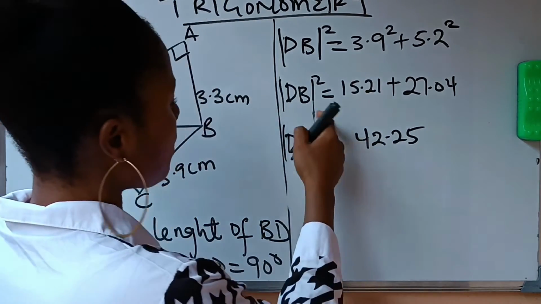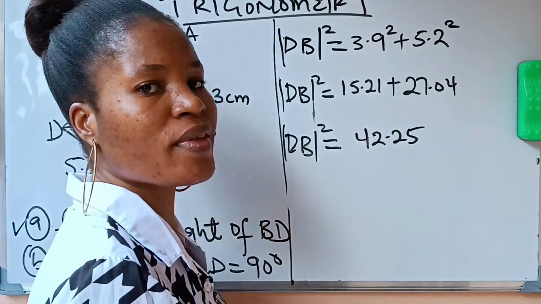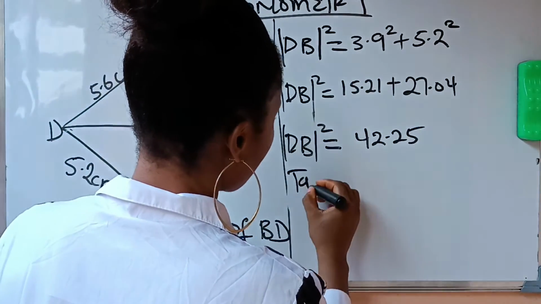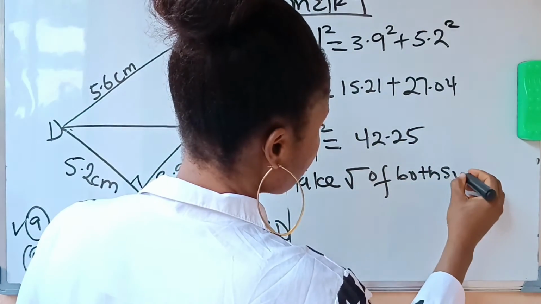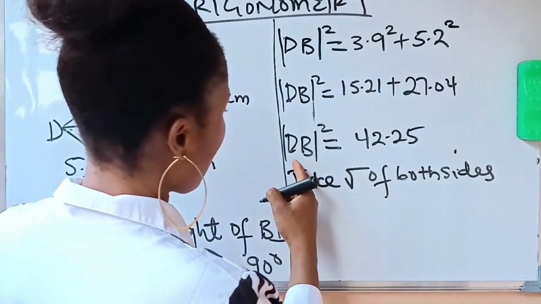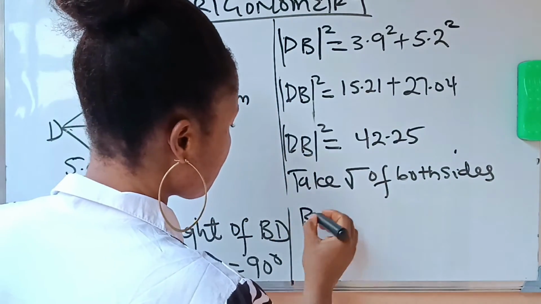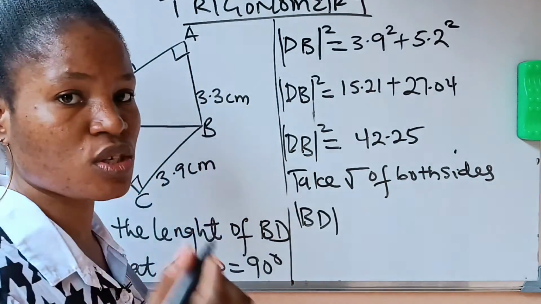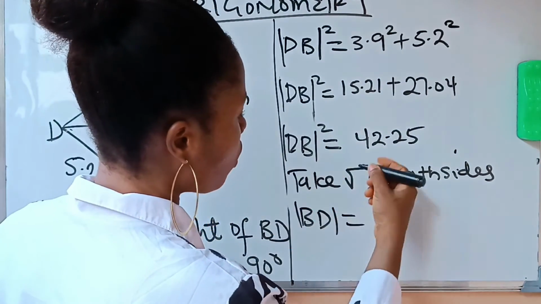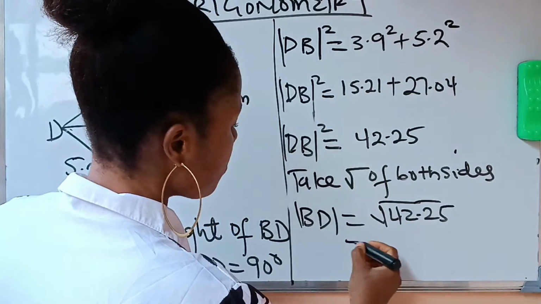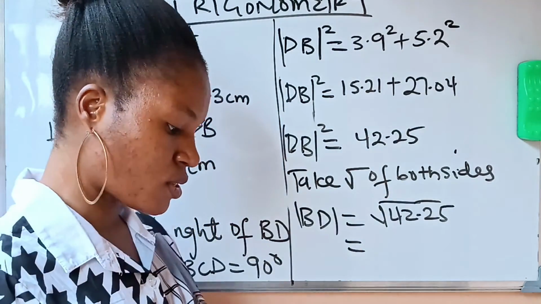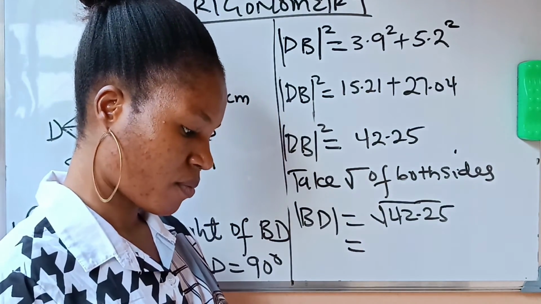Now to clear this square sign, what are we going to do? We take square root of both sides. The square root of DB squared will give you line BD, which we know is equal to the square root of 42.25.